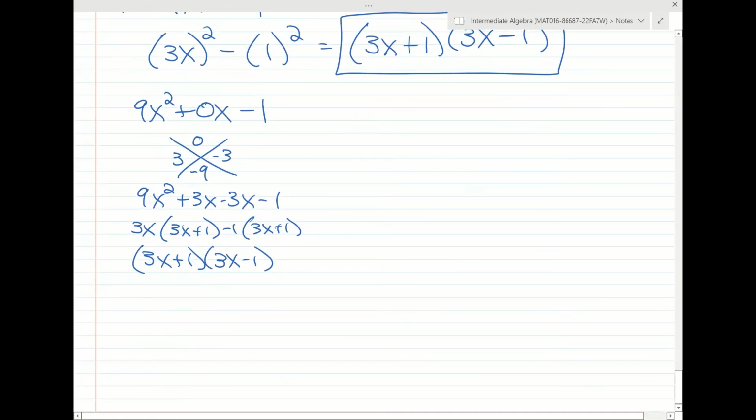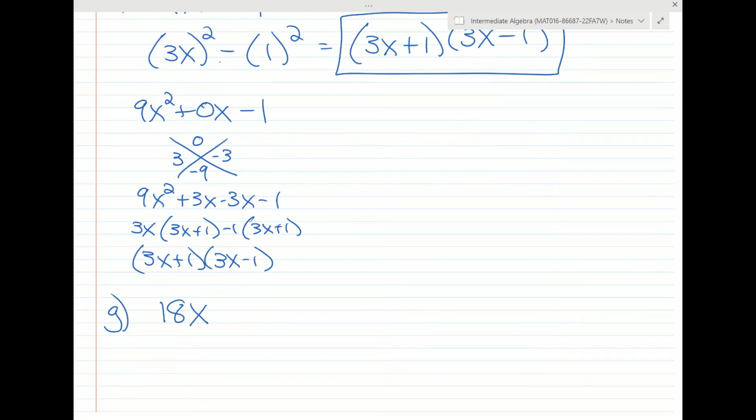A couple more here. What if we had 18x to the second minus 50? Well, what squared is 18?